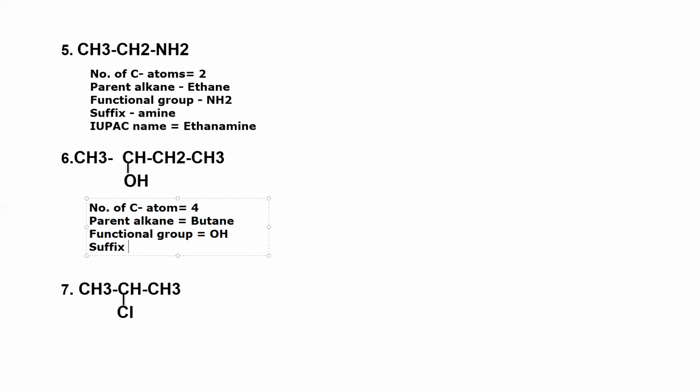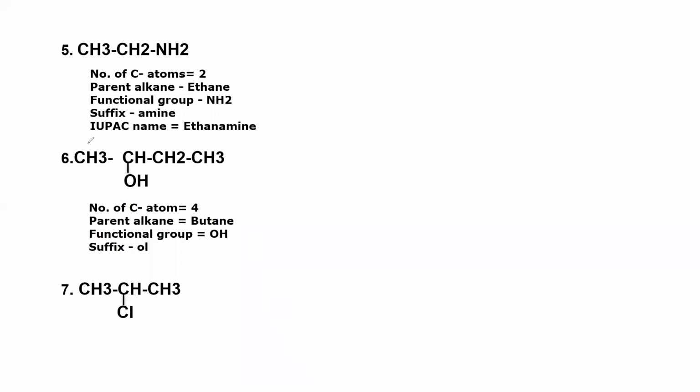The suffix should be OL. Okay. Now let us find out on which carbon atom the functional group is present. We have to give the number so that the carbon atom carrying the functional group gets the smallest number.